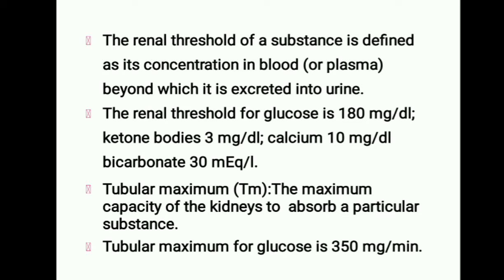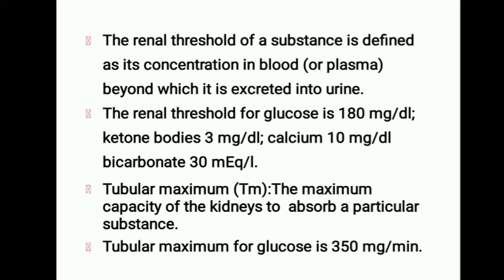The renal threshold for glucose is 180 mg per dl. Ketone bodies 3 mg per dl. Calcium 10 mg per dl. Bicarbonate 30 milliequivalents per liter.